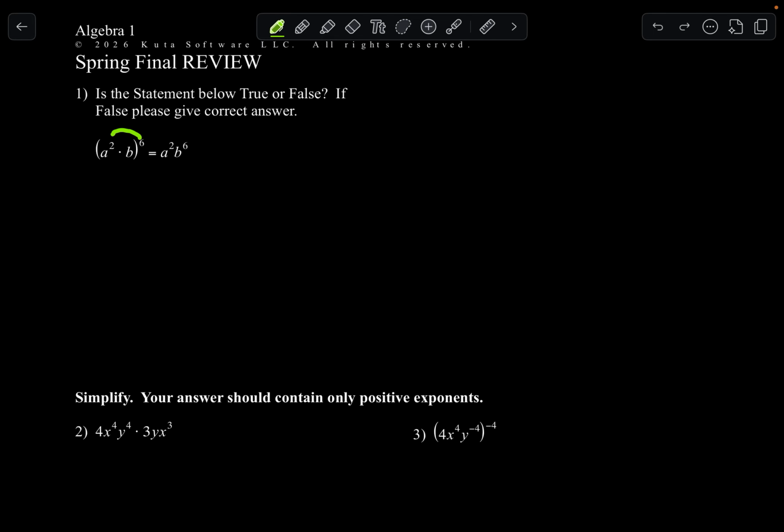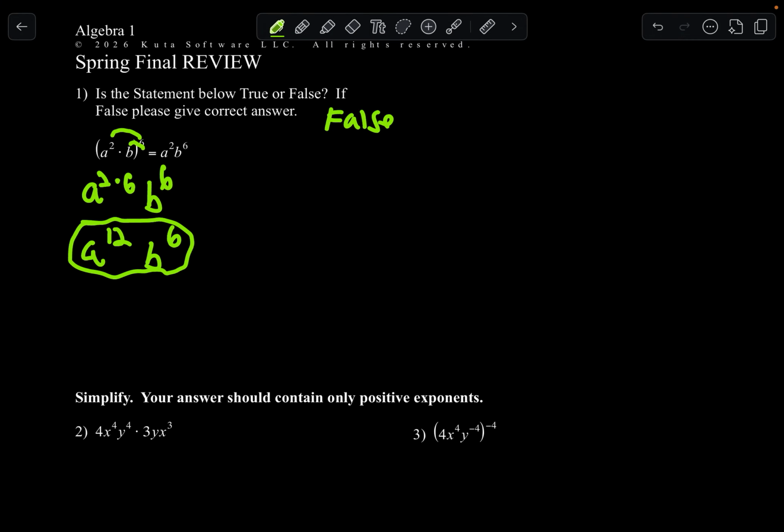When you raise a product to a power, you just distribute. So that should be a to the 2nd times 6, b to the 6th. So the actual correct choice is a to the 12th, b to the 6th. So this is false. And it says, if false, please give correct answer. This is the correct answer.